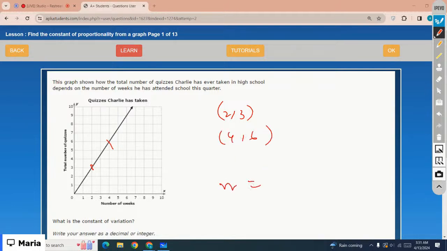So you need to calculate change in y divided by change in x. 6 minus 3 is 3, and 4 minus 2 is 2, right? That means the slope is 1.5. The correct option is 1.5, right?